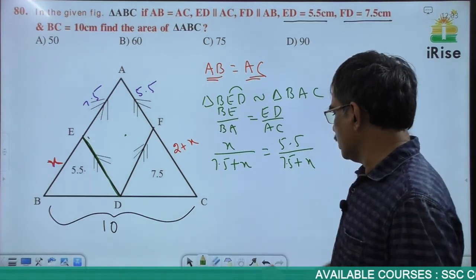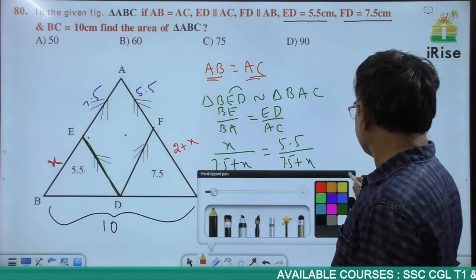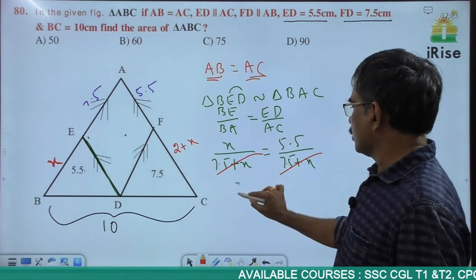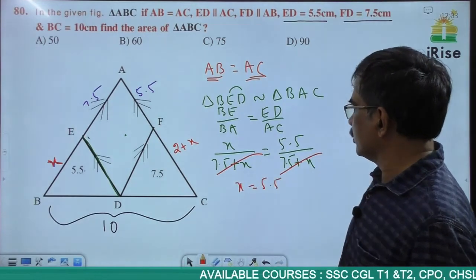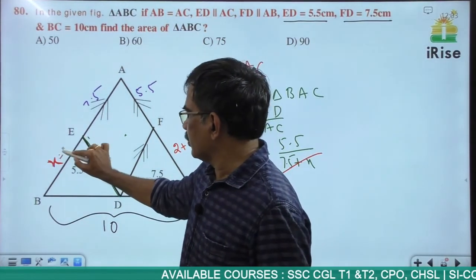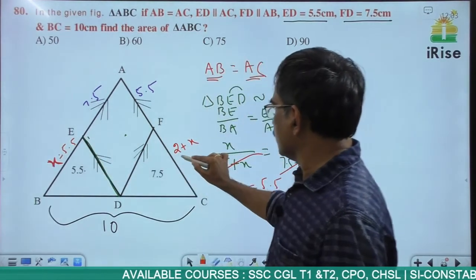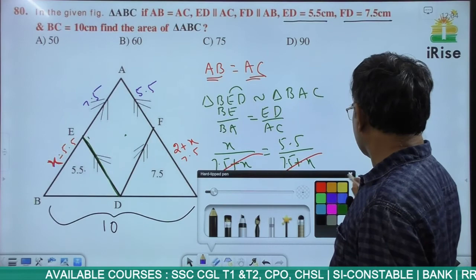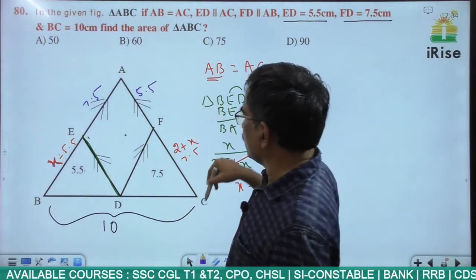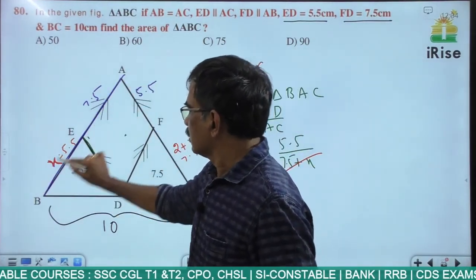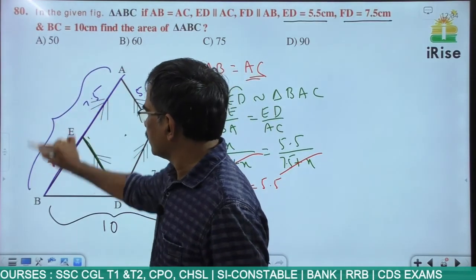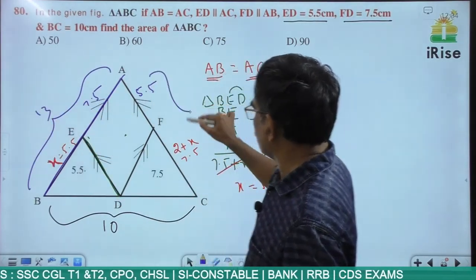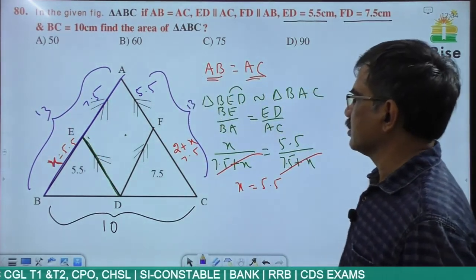So here these two get cancelled. x is equal to 5.5. So if x is equal to 5.5, this is nothing but 7.5 because the sides are equal. This is totally 5.5 plus 7.5, which is equal to 13. So this is also equal to 13 centimeters.